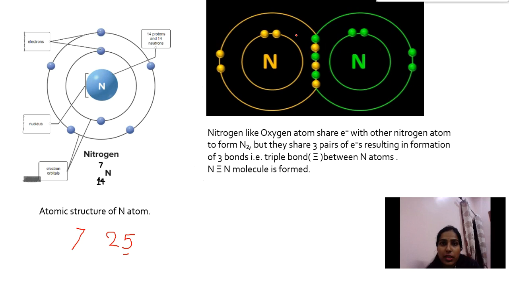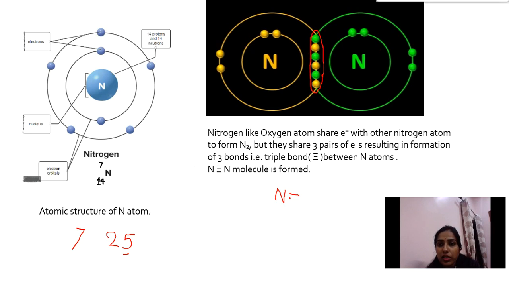So here you can see that 3 electrons from each nitrogen were shared, and in this way 3 pairs of electrons are shared between the 2 nitrogen atoms.